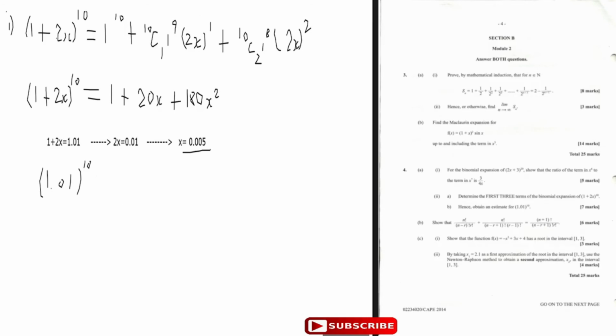It's equal to 1 plus 20 times 0.005 plus 180 times 0.005 squared.